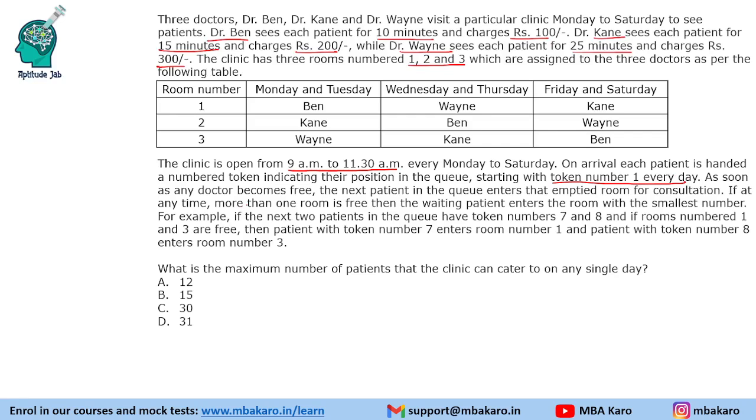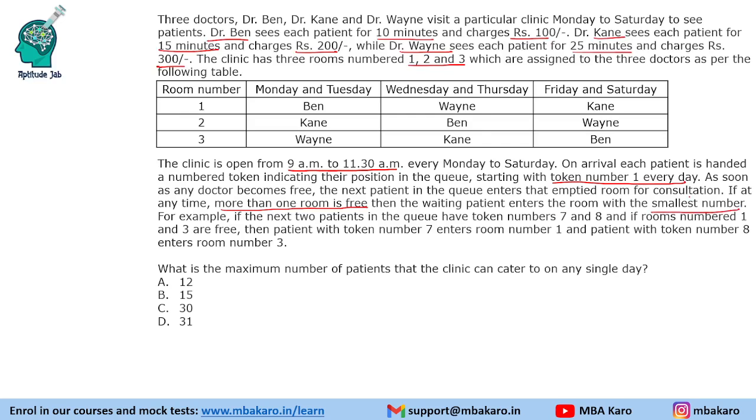As soon as any doctor becomes free, the next patient in the queue enters that emptied room for consultation. If at any time more than one room is free, then the waiting patient enters the room with the smallest number. So you have to enter the smallest number.